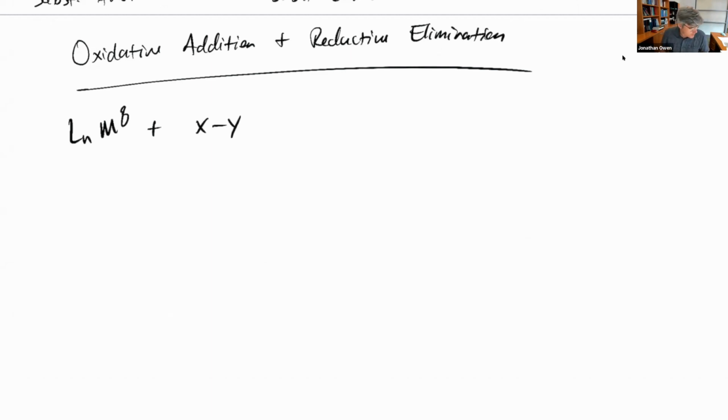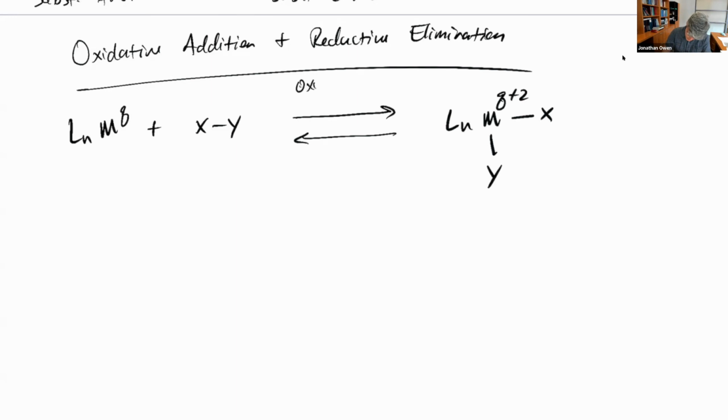We're going to be interested in adding a pair of bonds or a pair of ligands across the metal center.